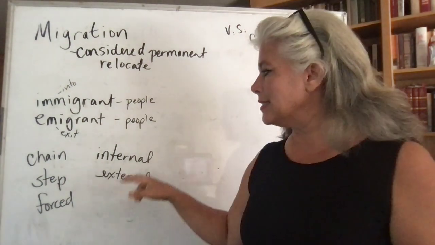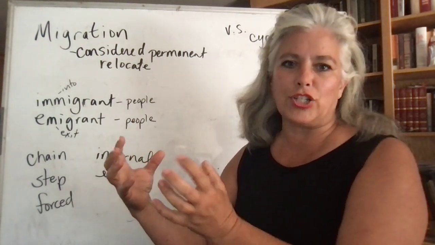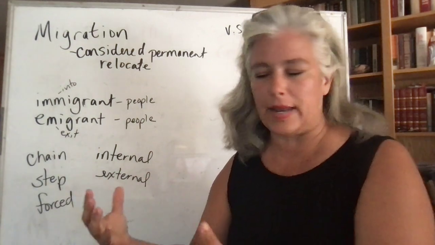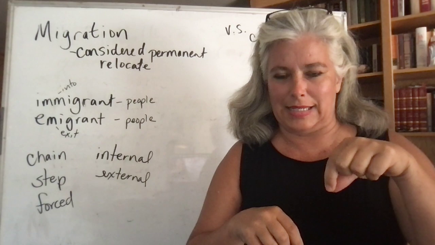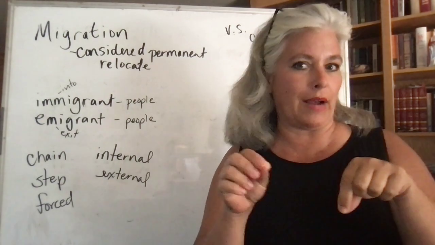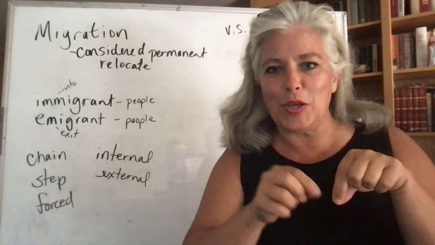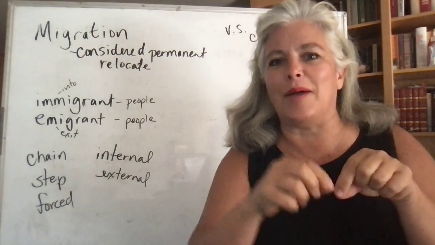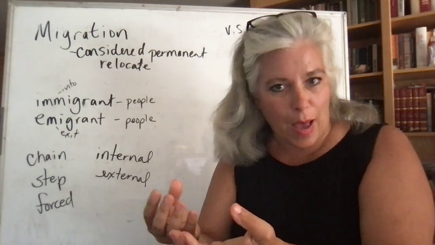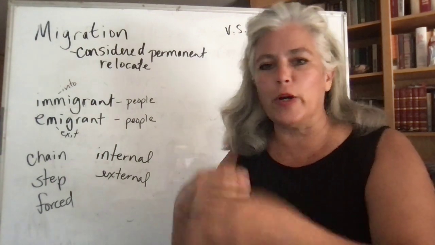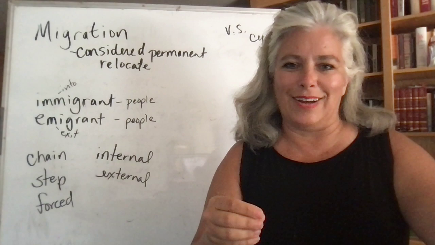So a couple of other things that we'll look at: step migration. That often happens, and it can happen internally or externally, so either within a nation or in an international setting. Step migration is when you start out in one particular place and it's not possible for you, for whatever reason, to go all the way to your ultimate goal destination, but you can get there maybe one country at a time, one state at a time, one place at a time, and settle semi-permanently in order to regroup, get more resources, and earn more money so that you can make the next step toward your goal.